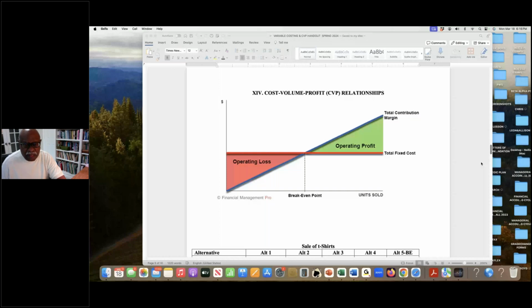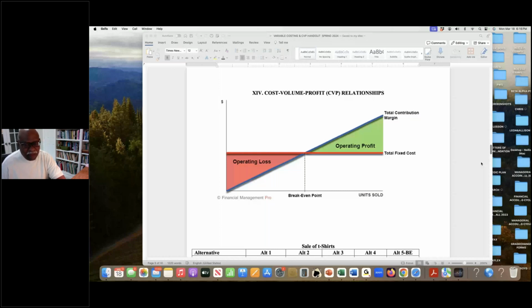And at a certain point, a certain quantity is going to produce a break even where sales and costs are the same. There's a certain quantity that produces that. If we don't make that point, then we're in an operating loss situation.